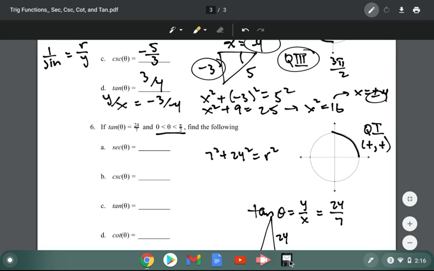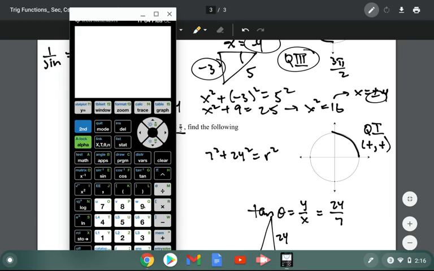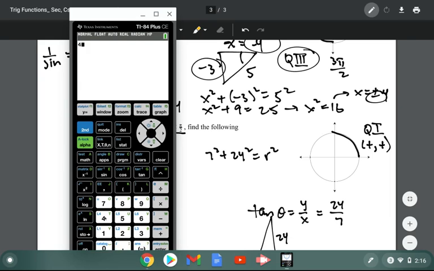Let me grab my calculator. I know what 7 squared is. That's going to be 49. So 49 plus 24 squared is equal to 625, and I'm pretty sure its square root is 25.